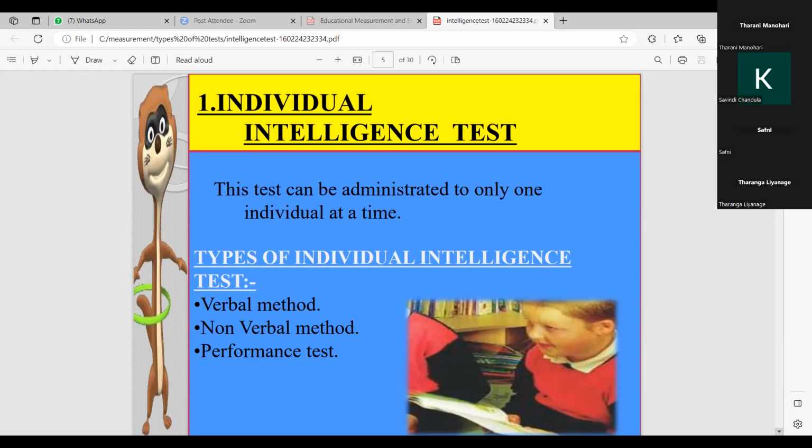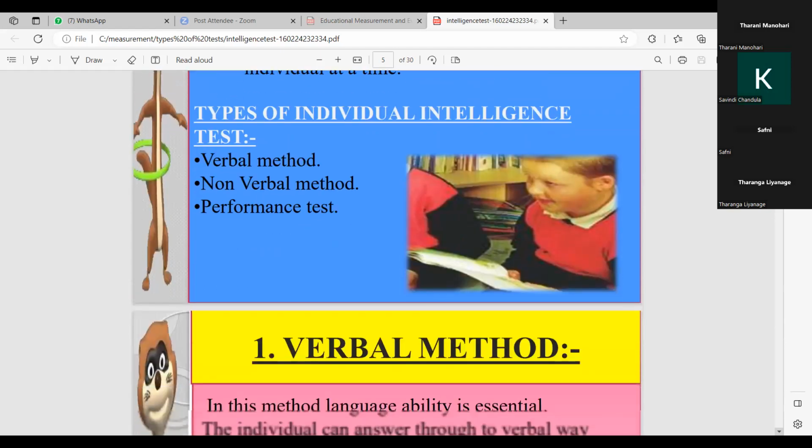And within the performance test, we can divide roles also. We can assign different tasks and see how each person performs those tasks. So there are some types.